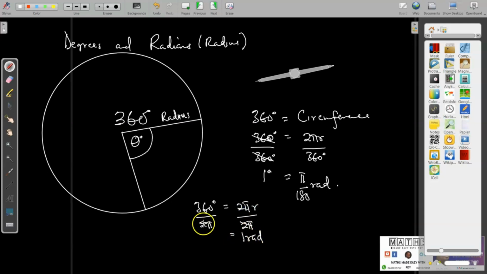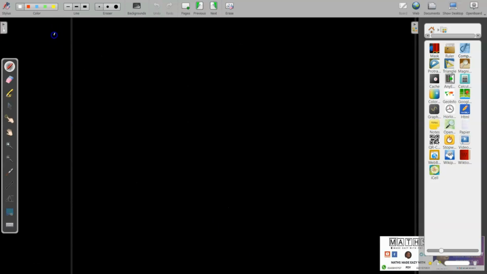So 1 rad is equivalent to, when you break this down, what are you going to be left with? 180 over pi. So in conclusion, 1 rad is equal to 180 over pi. And then 1 degree is what?